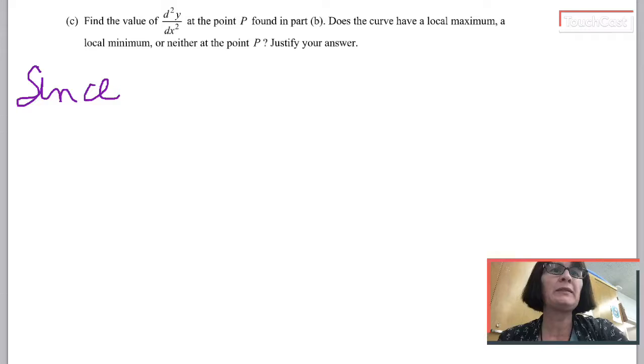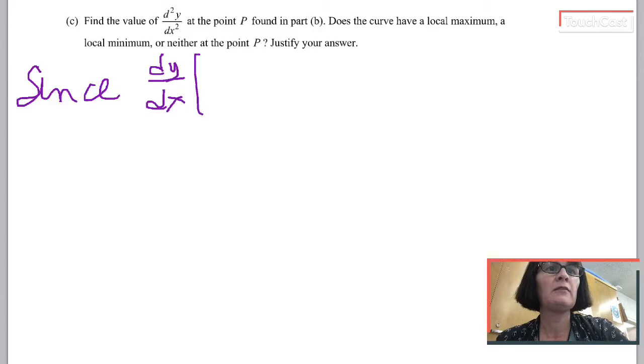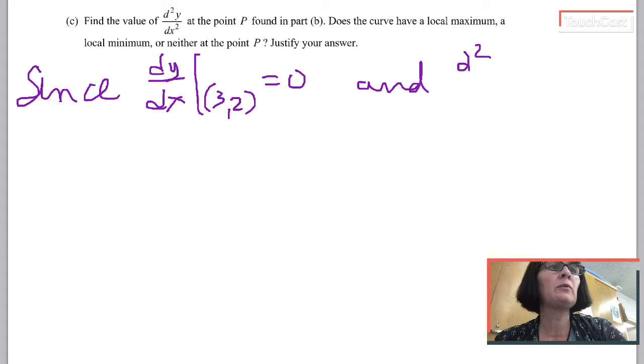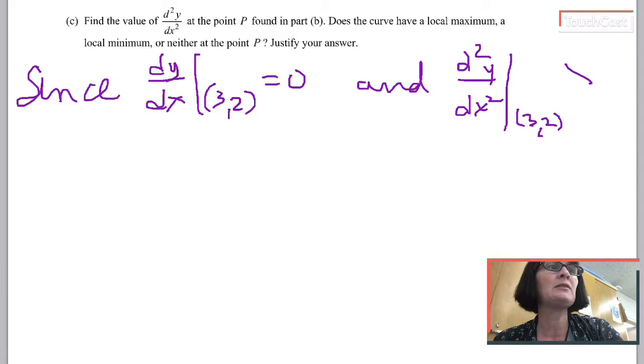All right, so here's what I would say. I would say since dy/dx, oops, that should have been a straight line, evaluated at (3, 2) equals 0, and d squared y/dx squared evaluated at (3, 2) is, oops, not positive, it was negative.